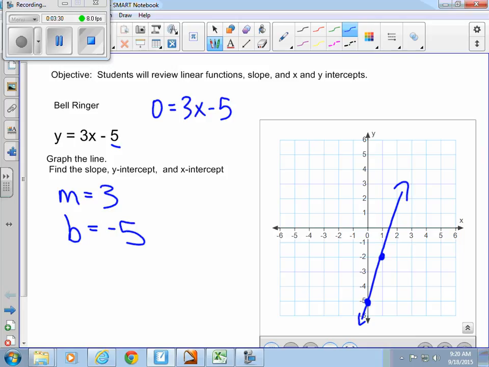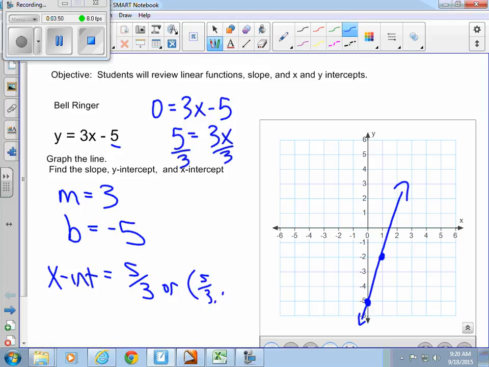What would I do first? Add 5. Or you could write this as 5/3, 0, because it's the point 5/3, 0.